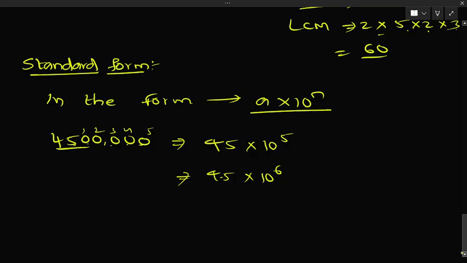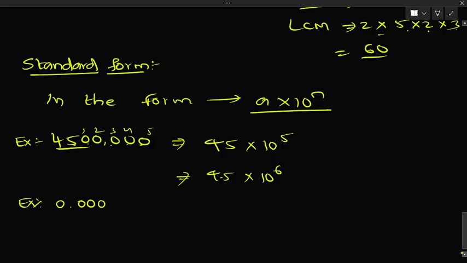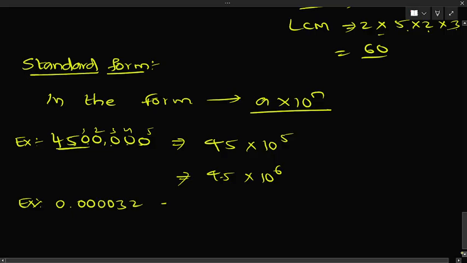This is example 1, and for the second example we are taking a decimal number, 0.0000032. Count how many zeros after the point: 1, 2, 3, 4, 4 zeros and 2 digits, 5, 6.